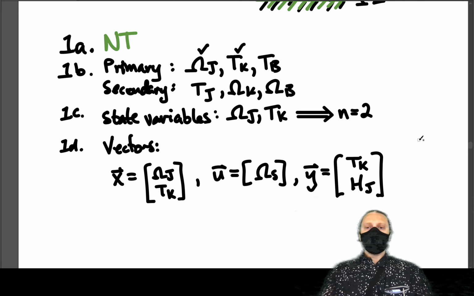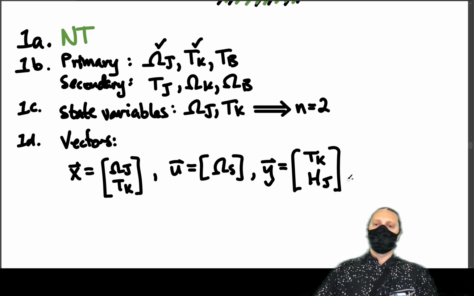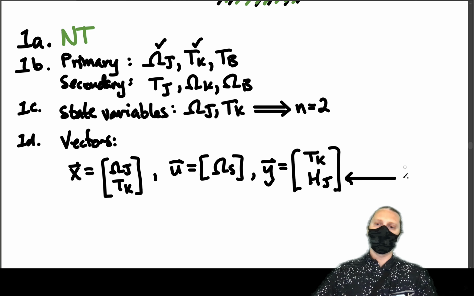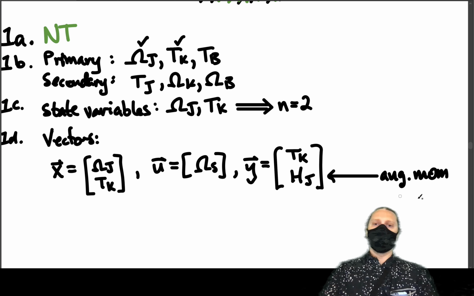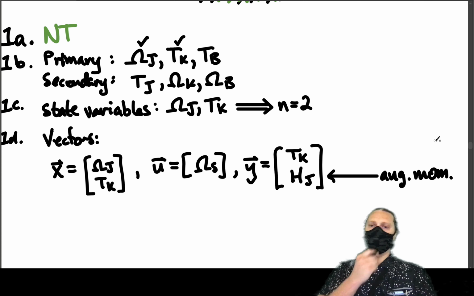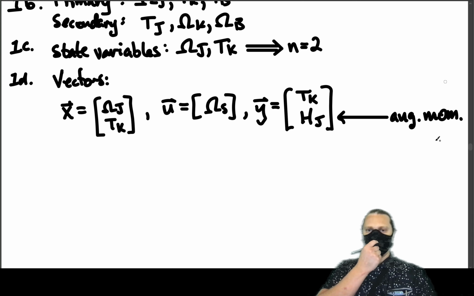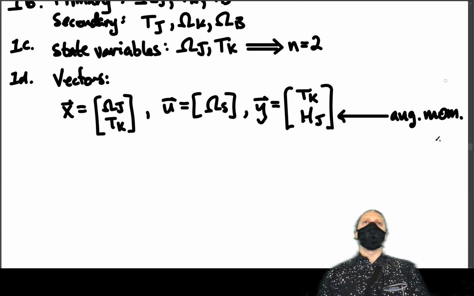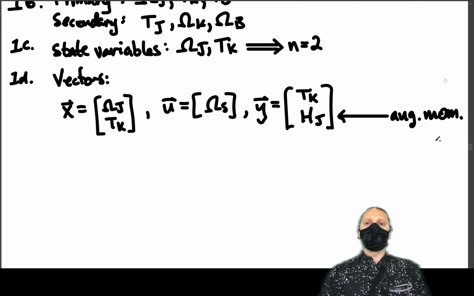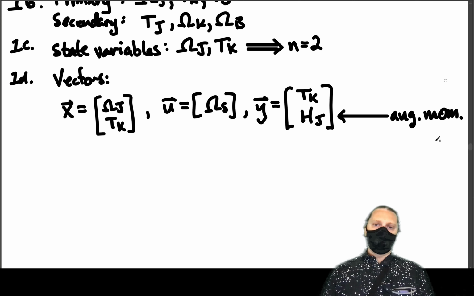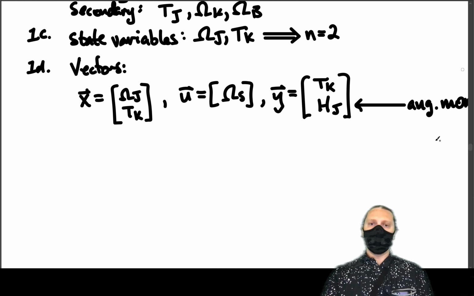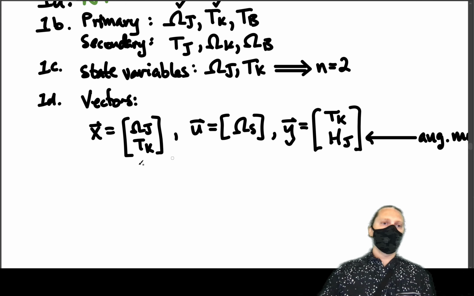Call it Hj. This is arbitrary. In the problem I would give you, I would tell you these are the variables of interest to us. Good. So those are our output variables in a vector form.